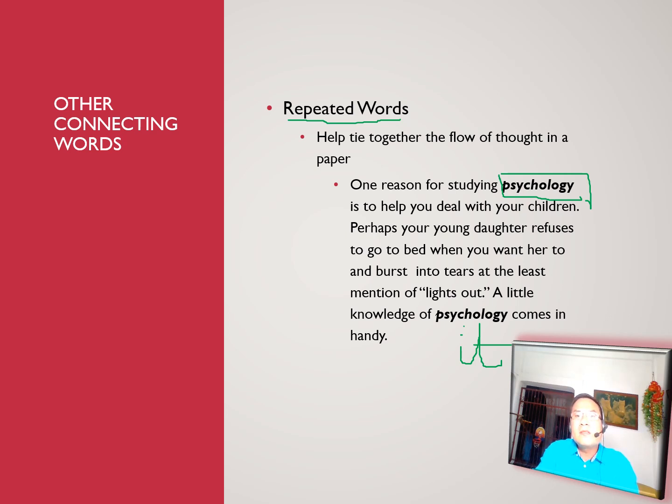Sometimes it's confusing to what word it would refer in this paragraph because it is quite far from the word it refers to. So in this case, you really have to emphasize. For emphasis, you would want to repeat the word psychology. So that's the importance of repeated words.